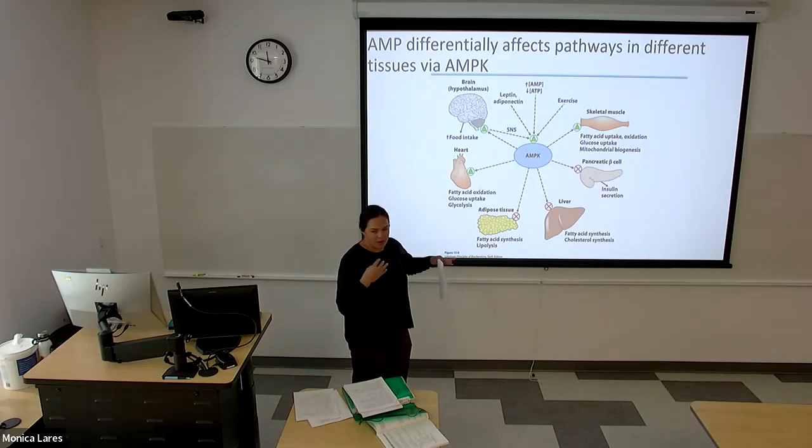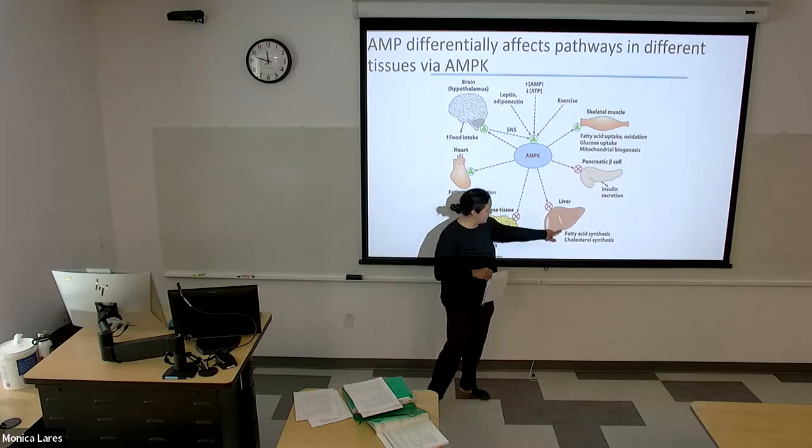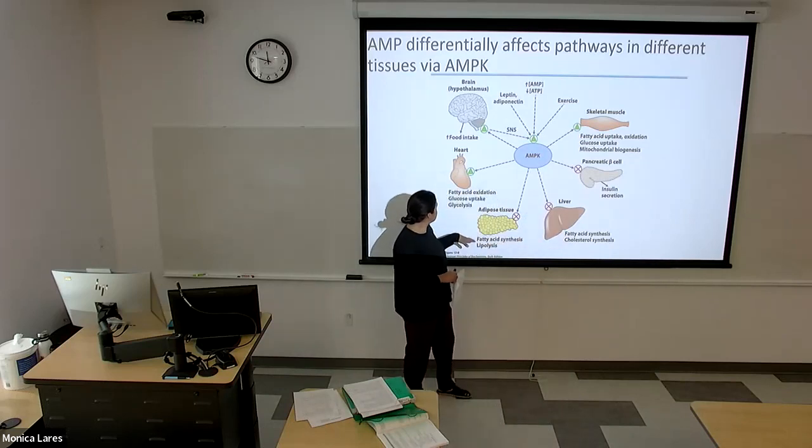And that will go through and phosphorylate a bunch of things. And notice that if you have AMPK activated, then it is inhibiting things like making fats, which takes a lot of energy. Again, it's inhibiting fatty acid synthesis in the liver and in your fat tissues.